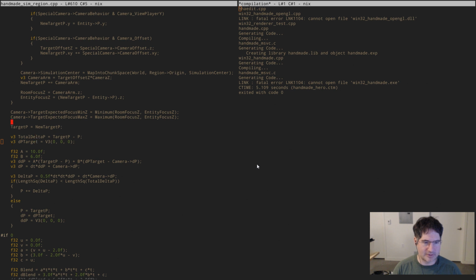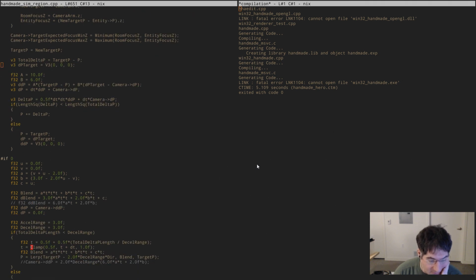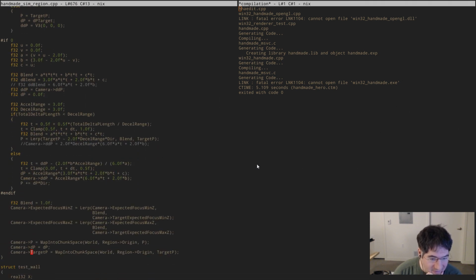But the other thing I want to do is, for these, with the target expected focus min z and that stuff, I think what I'd like to do there is make it so that I'd like to have some notion of the interpolation being based on how far we are from the target, if that makes sense.